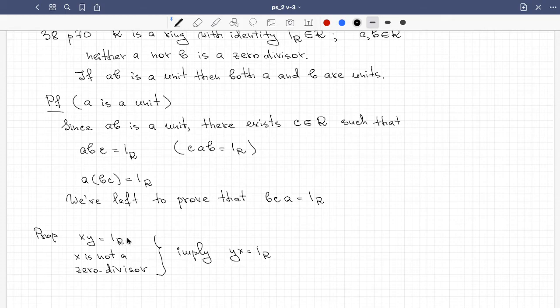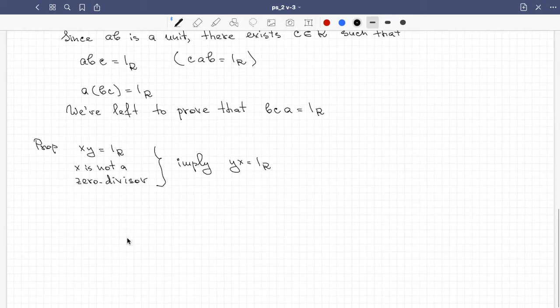It is only for inverse, it is not in general. In general, that's a difficulty. You cannot interchange the factors in an arbitrary, non-commutative ring. Here's the proof. So it is clear that this proposition will immediately give us this and finish the exercise. So now we need to prove only this proposition.